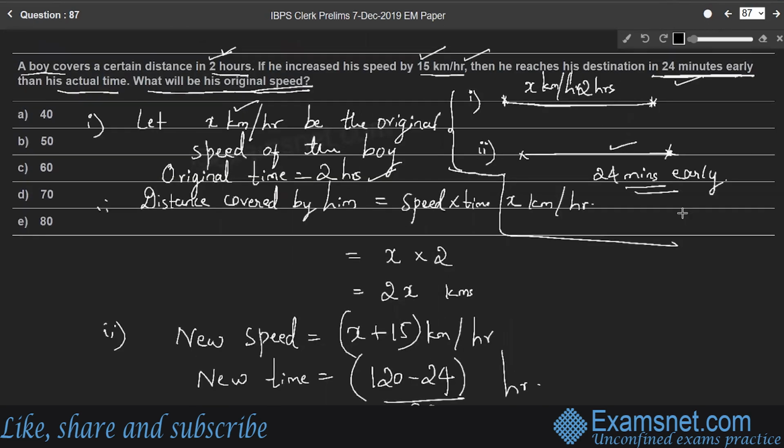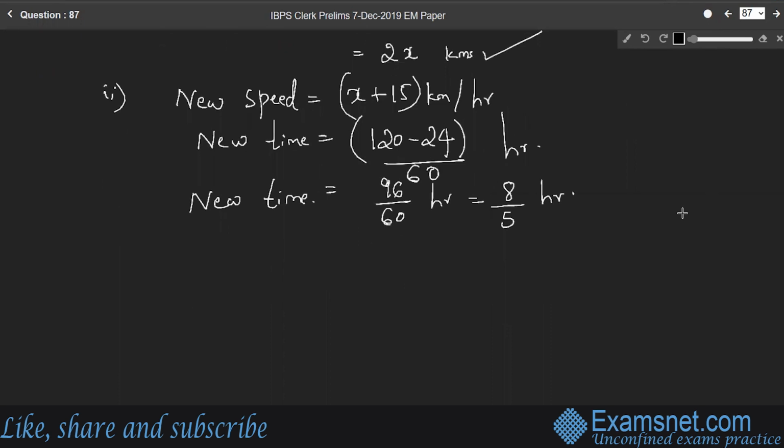Right? So here it is asked what will be his original speed. The distance covered by the boy in both the cases is the same. Therefore, we can equate the distance covered in the first case and in the second case.